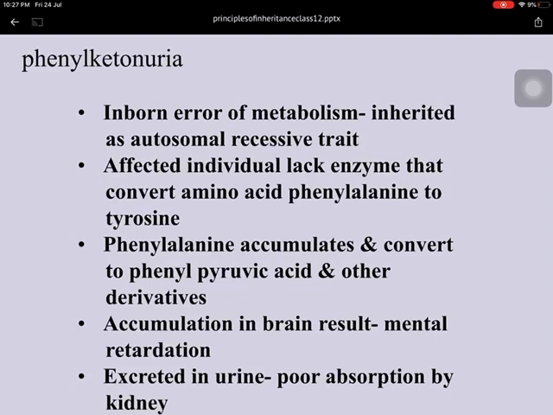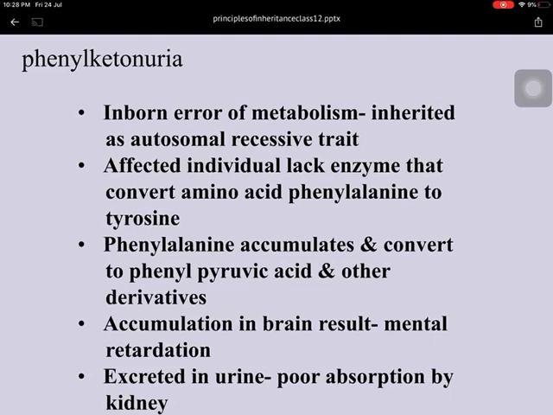Phenylalanine accumulates and starts to convert into phenylpyruvic acid and other derivatives, which accumulate in the brain and cause mental retardedness. It is also excreted in urine, with poor absorption by the kidney. So these are the symptoms.